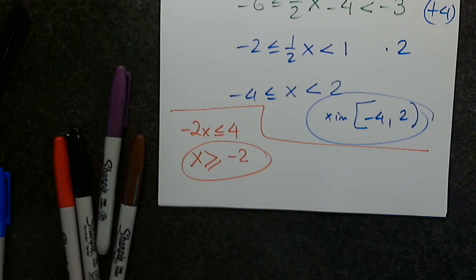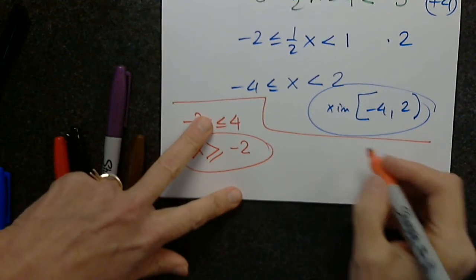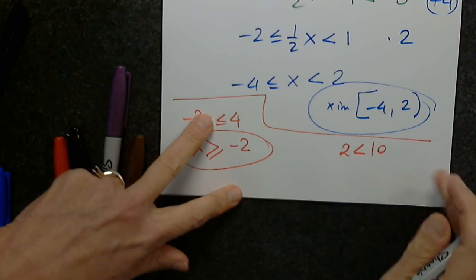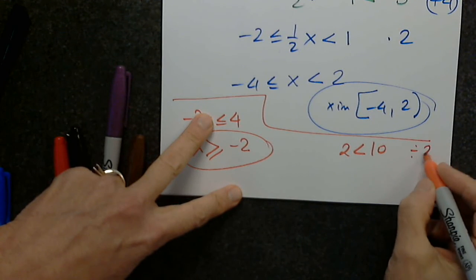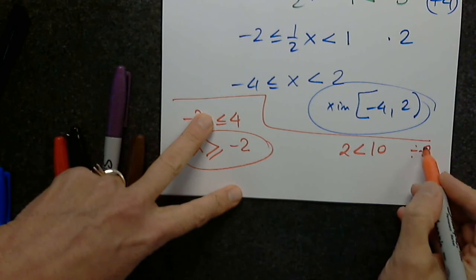Okay, so is this clear? Do we understand why we switched the symbol? Yes. Everything okay? That's only when they're divided. Let me give a numerical example. So is 2 less than 10? Yes. Let's say for whatever reason we want to divide both sides by -2.